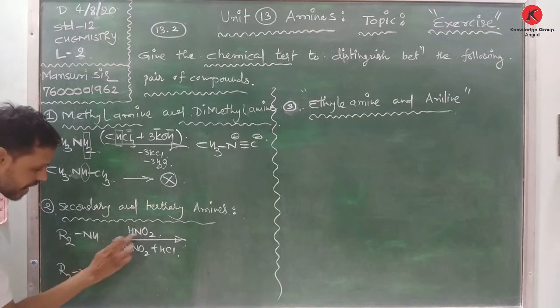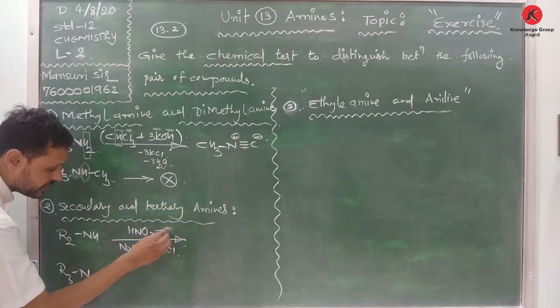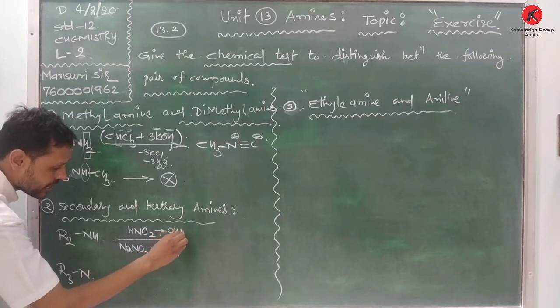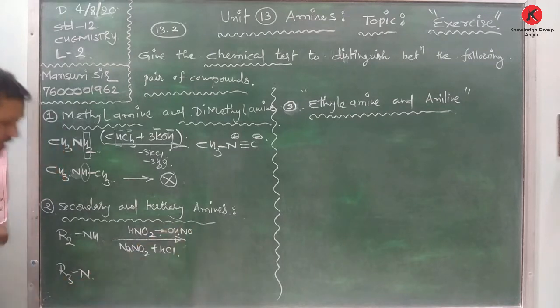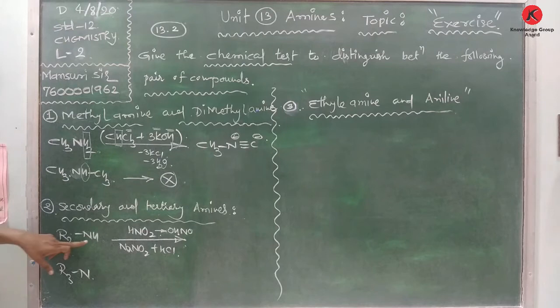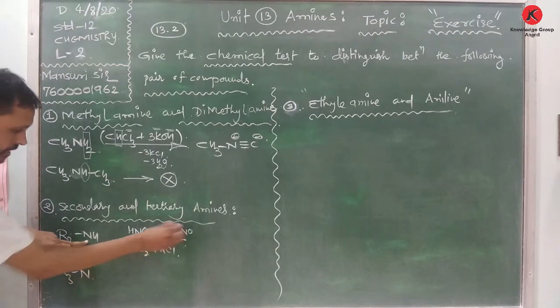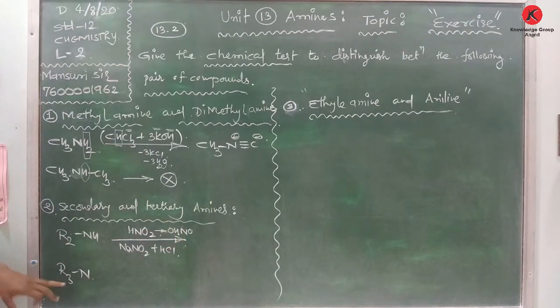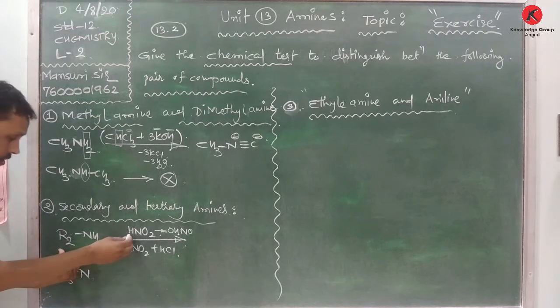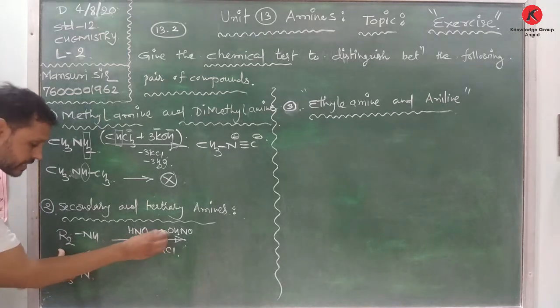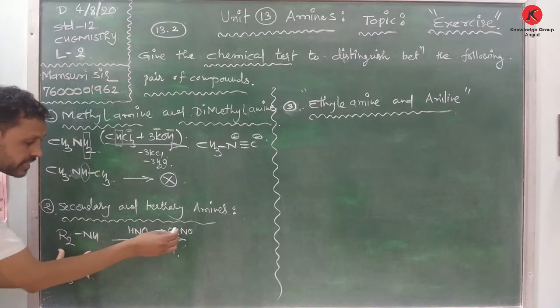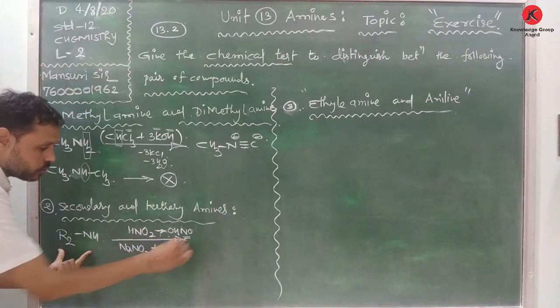HNO2 can be written as OHNO. In R3N, the N does not have hydrogen, so it will not react with this. Here R2NH is there, so it reacts with OHNO.